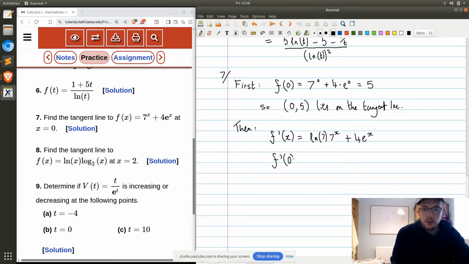Compute f prime of 0 to find the gradient of the tangent line. So ln of 7 times 7 to the 0 plus 4e to the 0. So that's just going to be ln 7 plus 4.